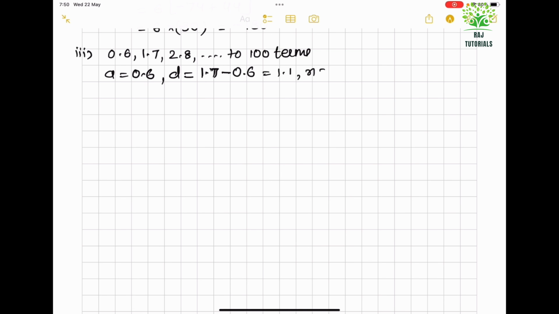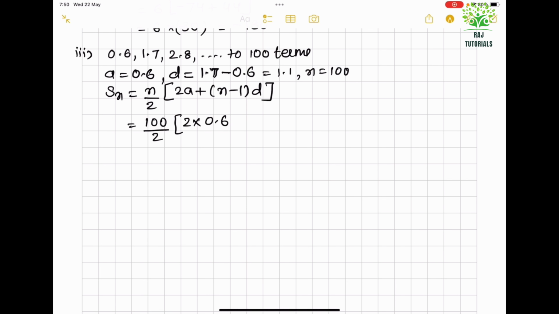N is 100. So Sn equal to n by 2 into 2a plus (n minus 1) d. So putting the values: 100 by 2 into (2 into 0.6 plus (100 minus 1) into 1.1).